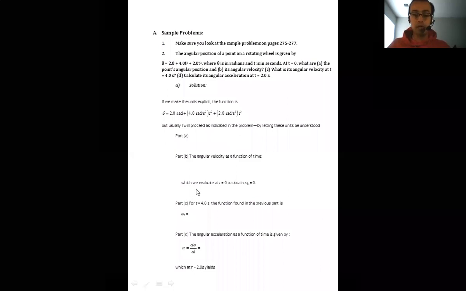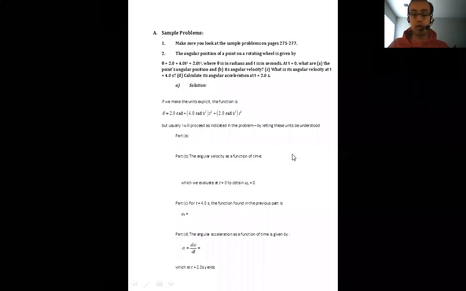So let's make the units explicit here, where we have 2.0 radians plus 4.0 radians per second squared times t squared plus 2.0 radians per second cubed times t cubed. All right, so there is the function. Let's do stuff to it.